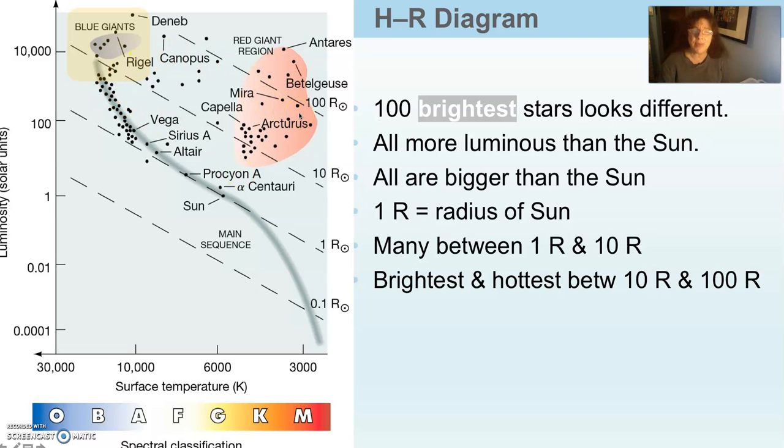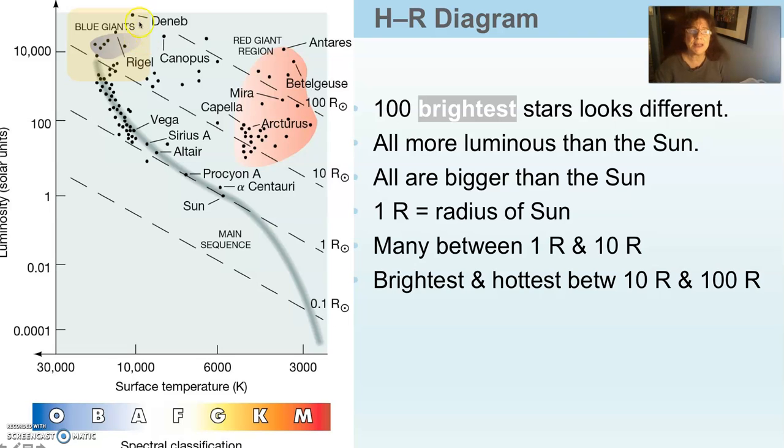And many of them are within the radius of our sun to 10 times the radius of our sun. This area in here is pretty well populated for brightest stars, and they happen to be along the main sequence as well. Many of them are between 1 and 10, and many of them, especially those in the giant areas, are between 10 and 100.